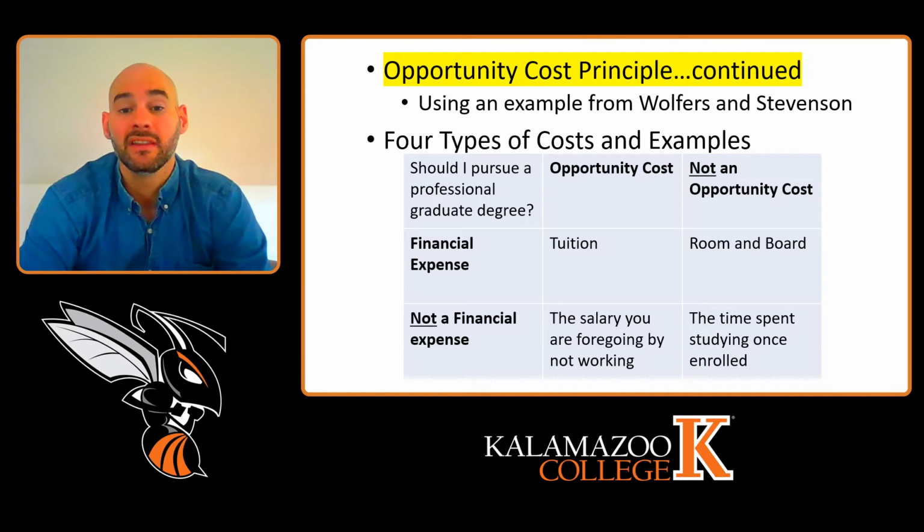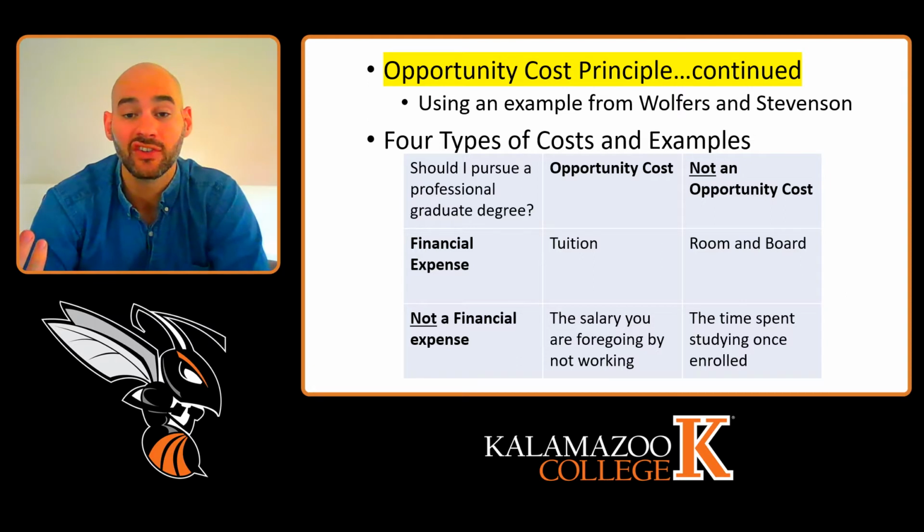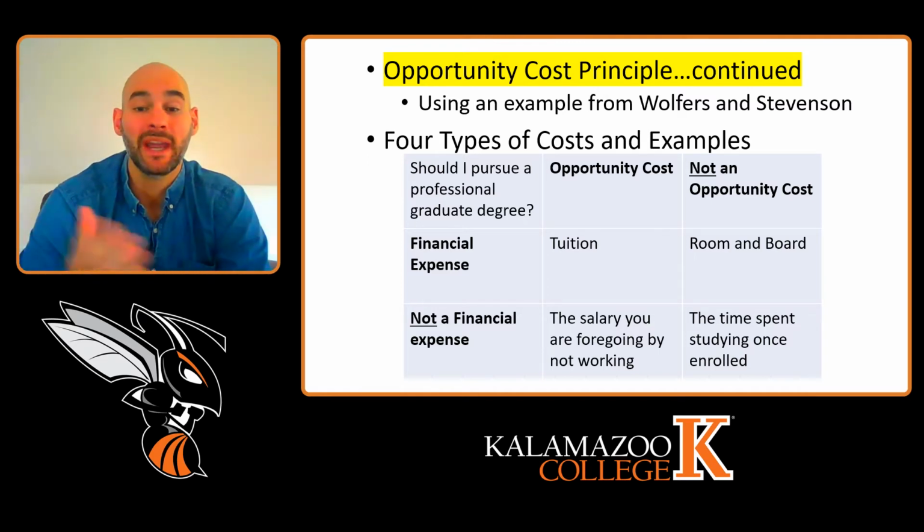If we think about what you have to pay in tuition, that's obviously a dollar amount, but it's also an opportunity cost because you could be taking that $40,000 that you're paying in tuition and buy a pontoon boat. And so you are giving up the dollar amount that the pontoon boat costs to pay for tuition.